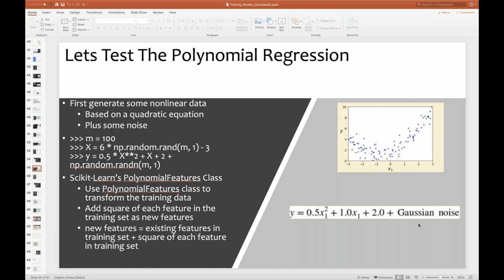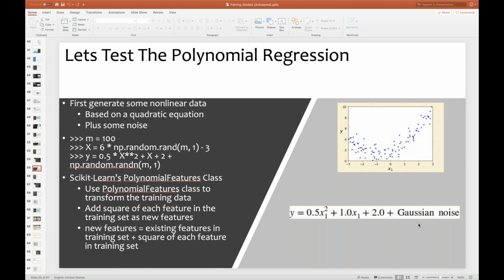Now y is equal to 0.5 into x squared plus x plus 2, that is ax squared plus bx plus c plus Gaussian noise. Now 0.5 is a, and 1 into x1, which is nothing but x squared. The formula is simply taken there and implemented there.